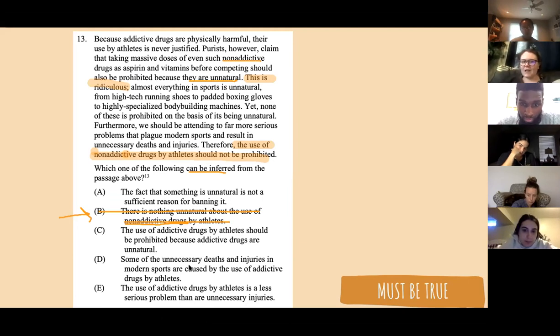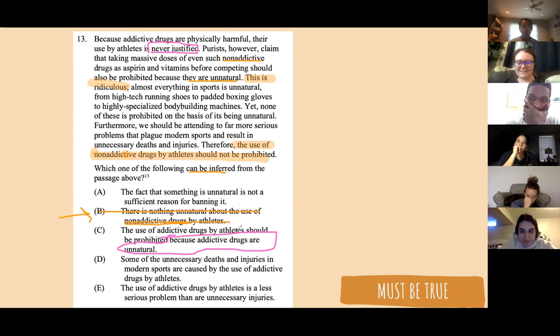We just say that the use of addictive drugs is never justified. We don't say why. We don't know if addictive drugs are unnatural or not. I would assume that they are, but I guess there could be an addictive drug that is natural. Who knows? Great. What about D?